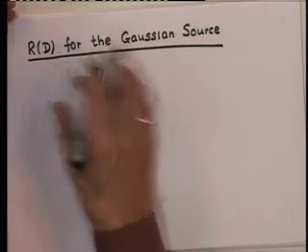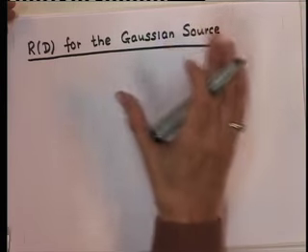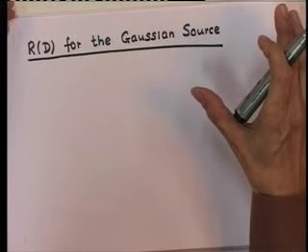Again we will follow the same approach. We will write down the average mutual information for a Gaussian source and show that the lower bound for that average mutual information is achievable.